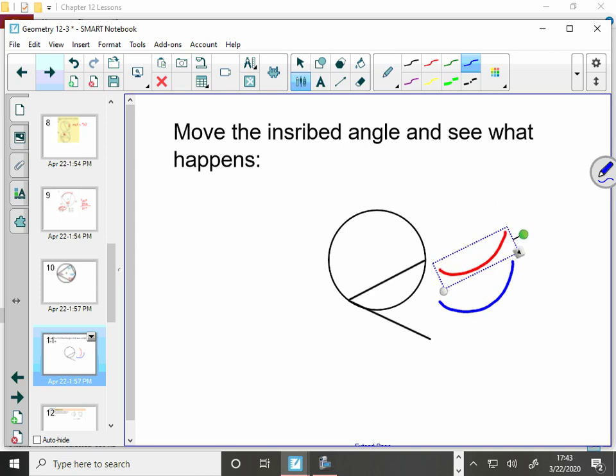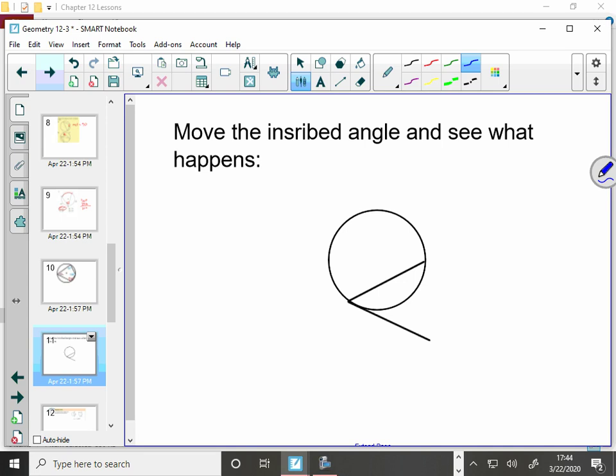I didn't draw them very well. It's no longer an inscribed angle, but that arc still stayed the same. It's an inscribed angle here. Now it's an angle that's formed by a tangent and a chord, but it's just like an inscribed angle.